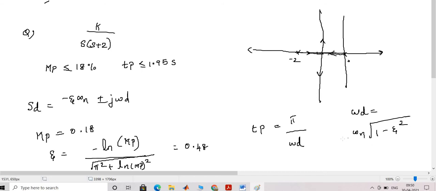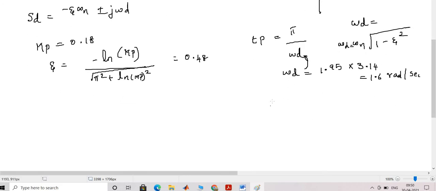From this equation we will be able to find omega d. Omega d is equal to pi by 1.95, that is 3.14 divided by 1.95, so omega d is 1.6 radian per second. By applying omega d equal to omega n into square root of 1 minus theta square, we will be able to get the value of omega n.